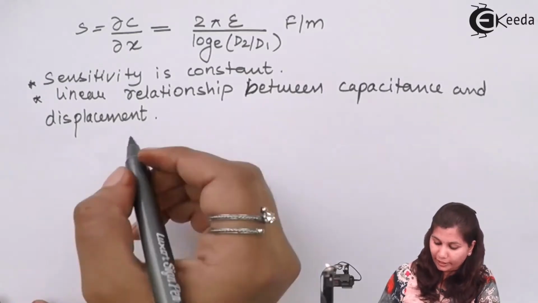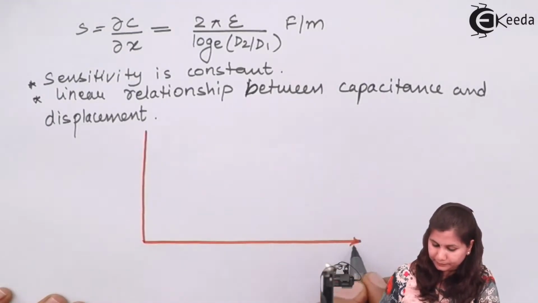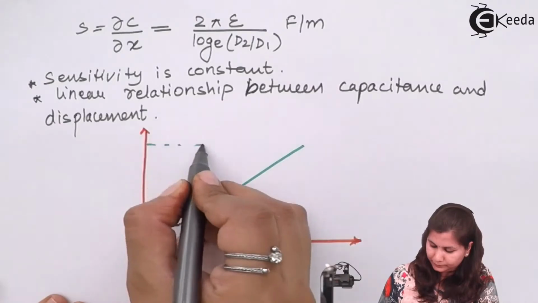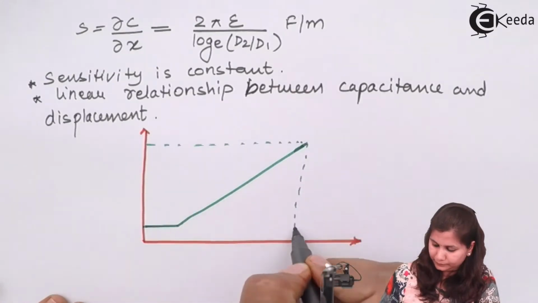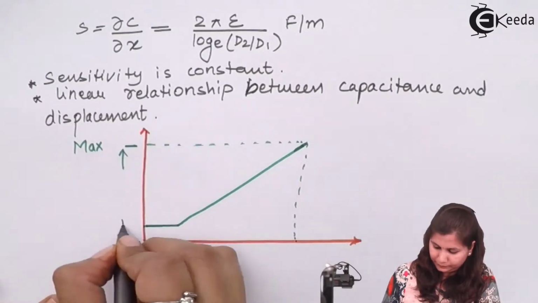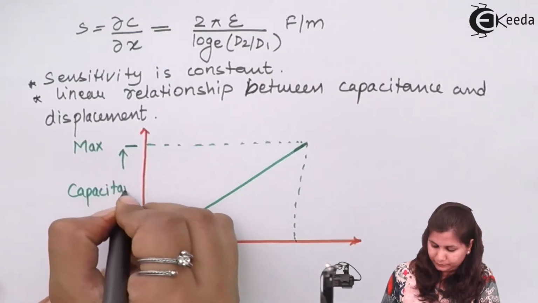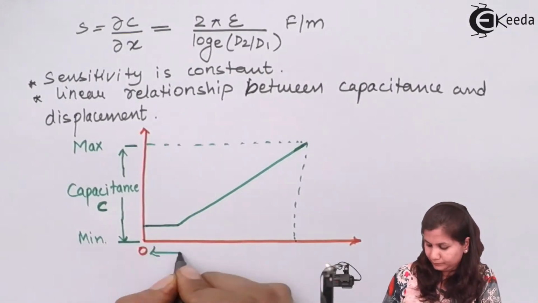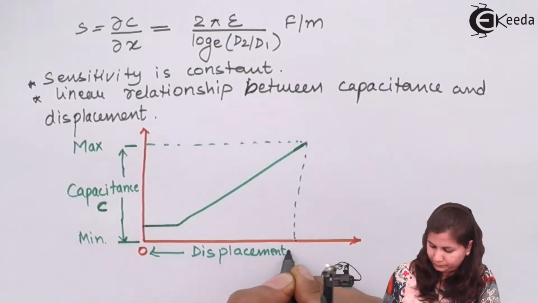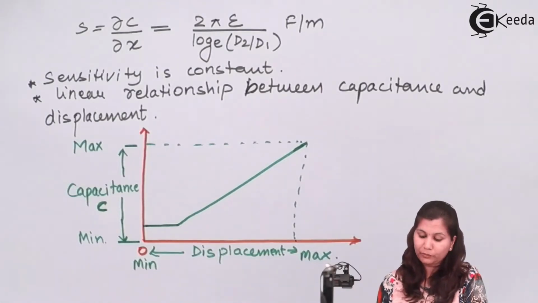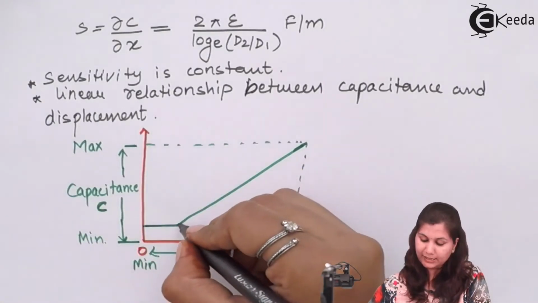If we draw the graph for this, you can see that the relationship between the capacitance and the displacement is linear.